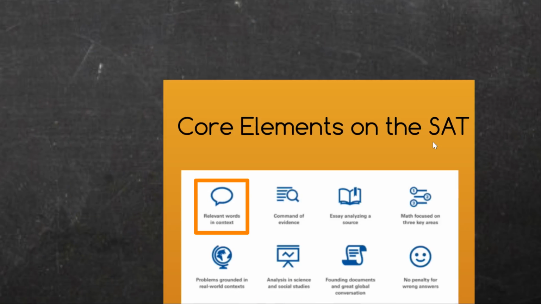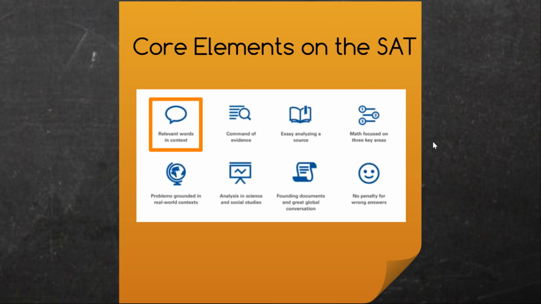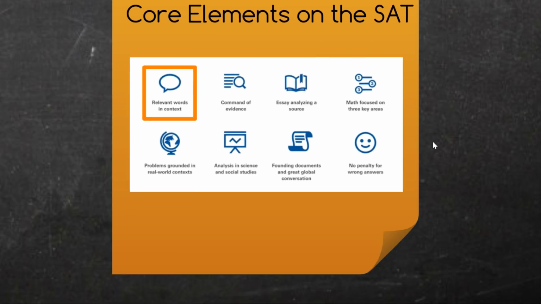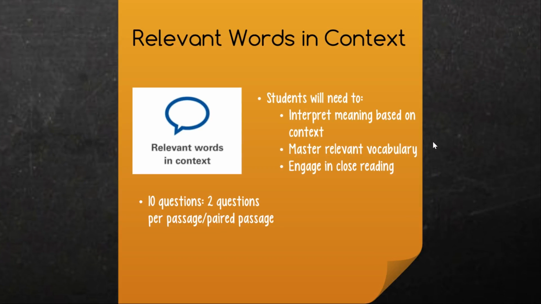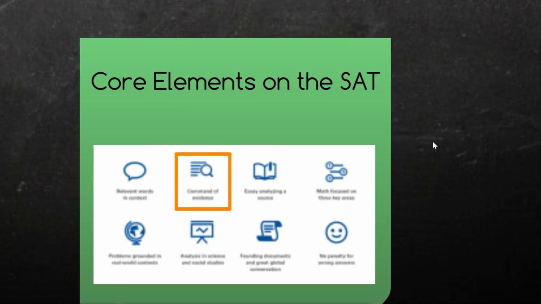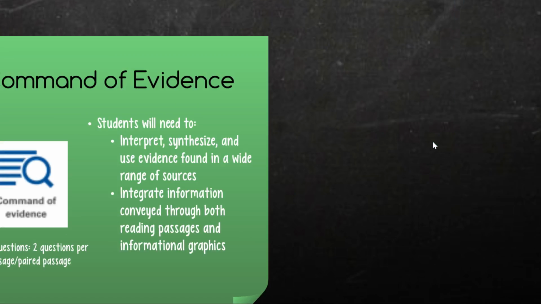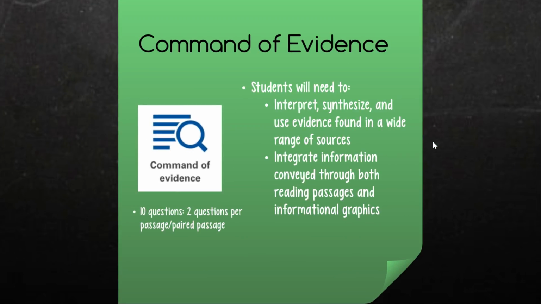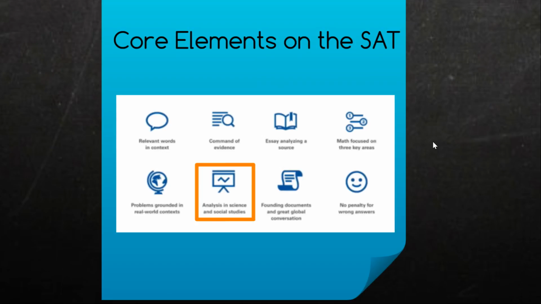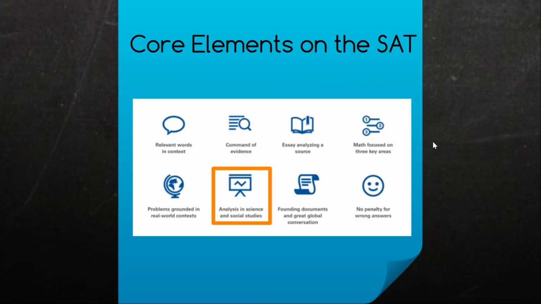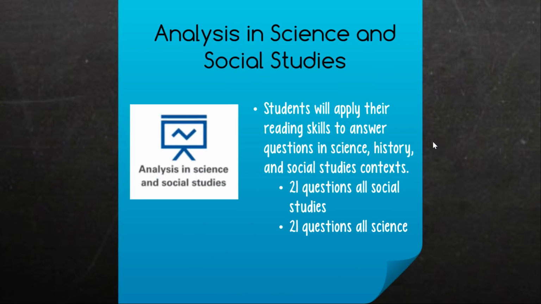Again, this is just a reminder slide on the core elements on the SAT, relevant words in context, right? It goes into more detail on what these are. Command of evidence. Right? Command of evidence is also explained in this slide. Analysis in science and social studies. Right?